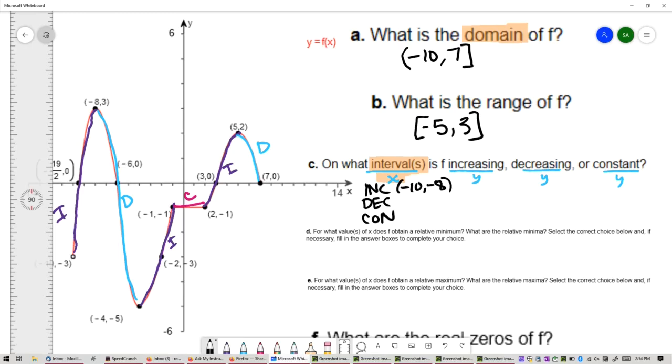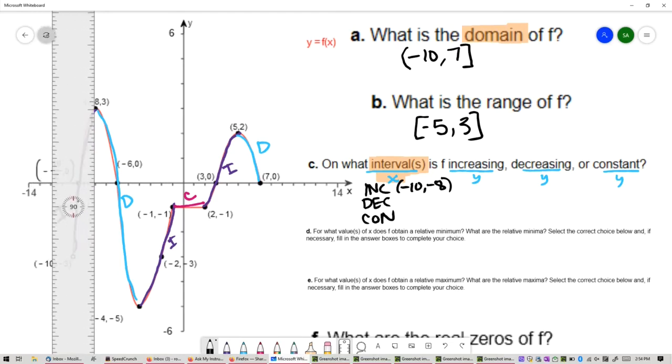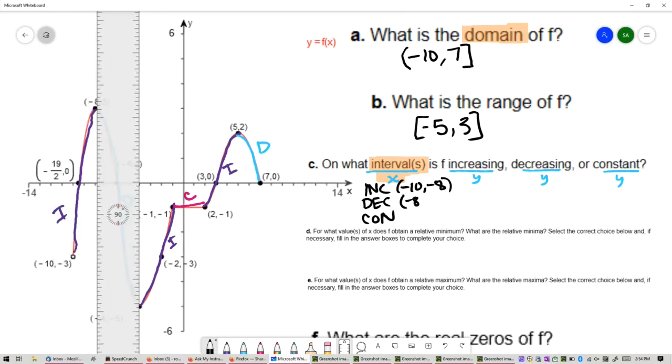So that was our first interval, from -10 to -8, and that was an increasing interval. Our next interval is a decreasing interval, which starts at an x of -8 and ends at an x of, looks like, -4. Notice I'm using parentheses again.